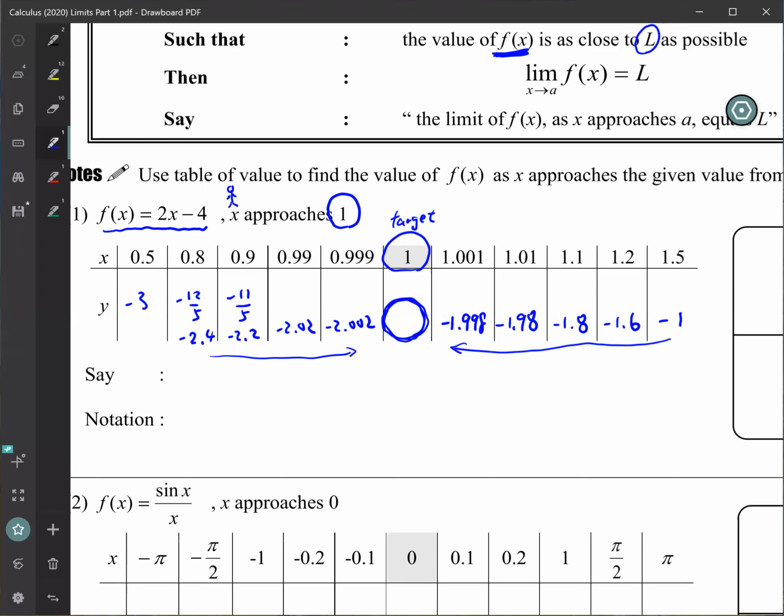Gina? It's heading towards -2. Yeah, on both sides it's getting closer and closer to -2. The left side is a little bit smaller than -2, the right side is a little bit bigger than -2. So we can assume the limit is -2. So this one should be -2. And if we plug in 1, do you actually get -2, Lex?